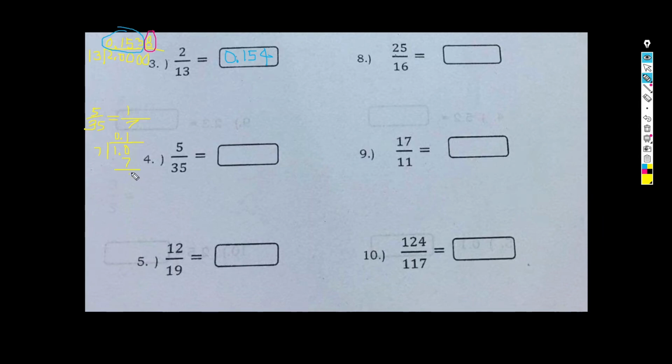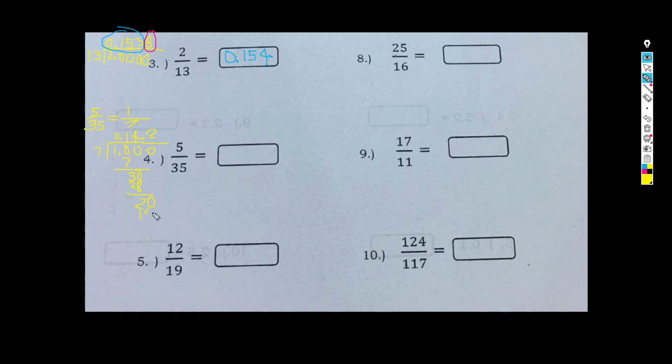7, 3, 0. 30 divided by 7 is just 4. So there will be 28 here. And then 2. And then 0 again. Put 0 here, and then that will be 2, 1, 4, 2.